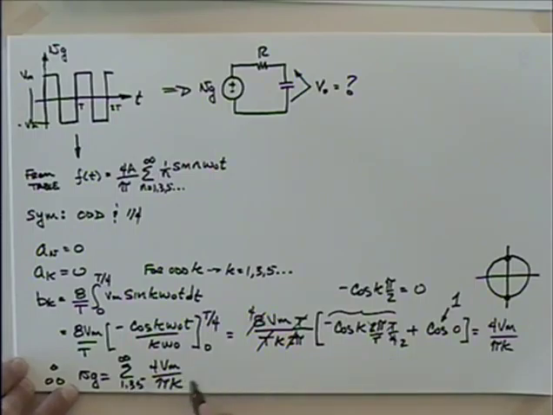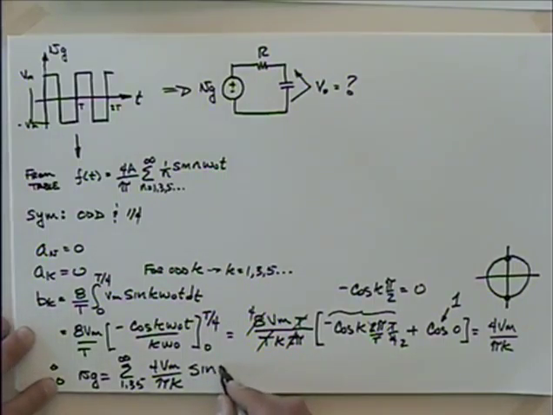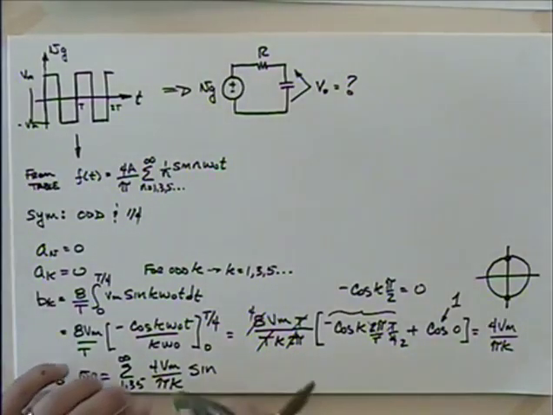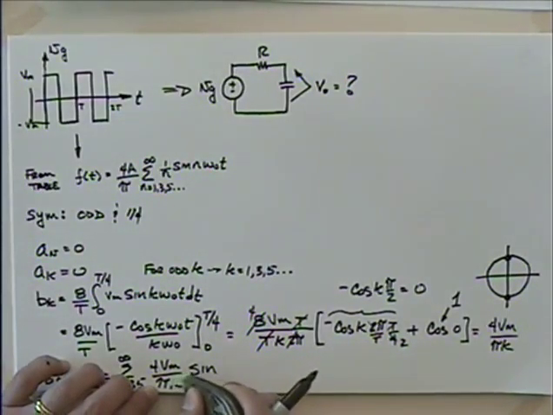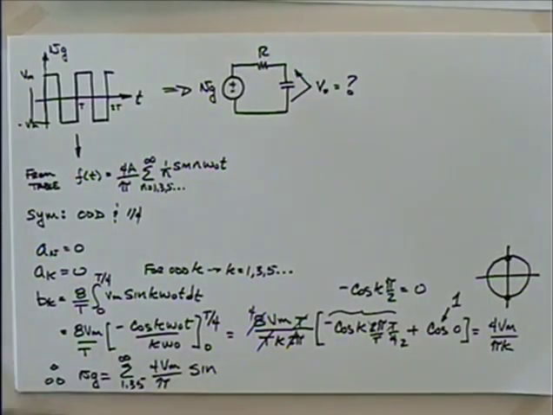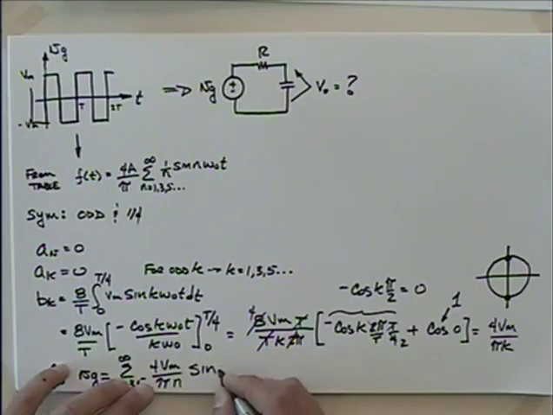That's the B term, so that would be times sine, wouldn't it? I made the same mistake. I should be calling this N at this point. So I've got sine of N omega naught T, is that right?